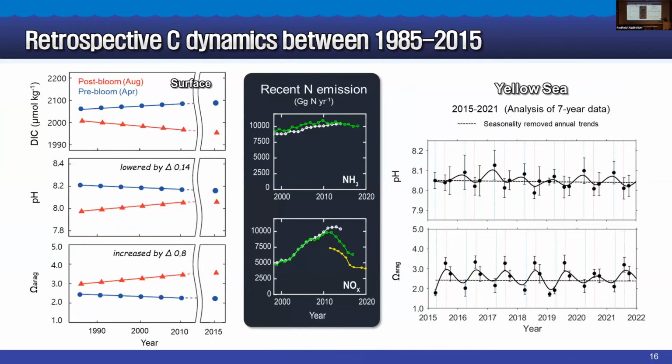And then since 2015, the amplitude remained constant for both pH and omega, telling us that it probably reflects a rather stabilized input of nitrate compounds into the ocean waters. So that means biological activity has remained constant since 2015.